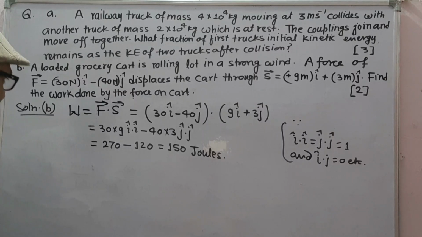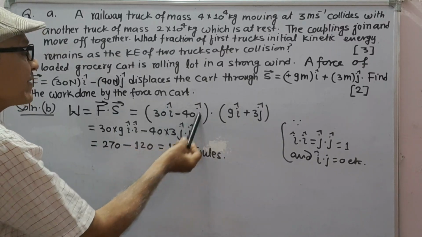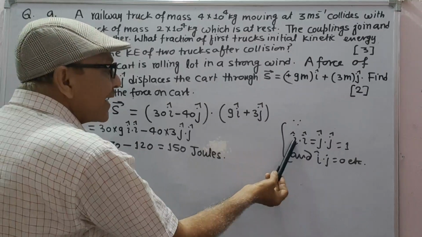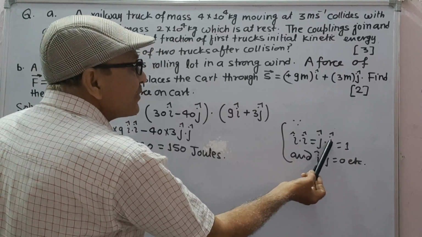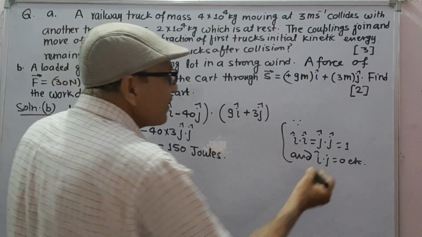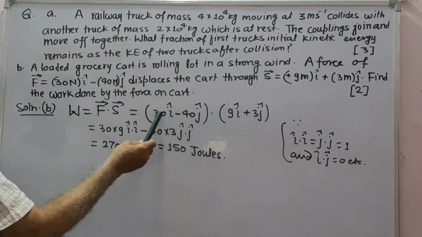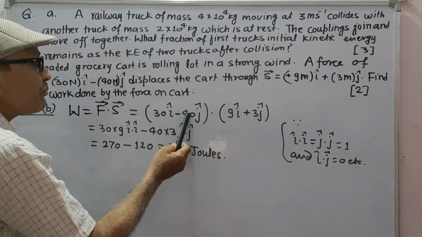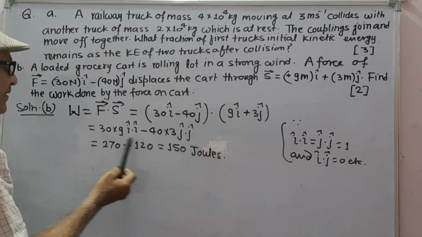Solution of part B. Work W is equal to the dot product of force and displacement. Force is this one and displacement is this one. Again we know that i unit vector dot i unit vector is equal to j unit vector dot j unit vector, which gives 1, and i unit vector dot j unit vector is equal to 0, etc. Therefore 30 into 9 i dot i minus 40 into 3 j dot j, remaining terms are 0.